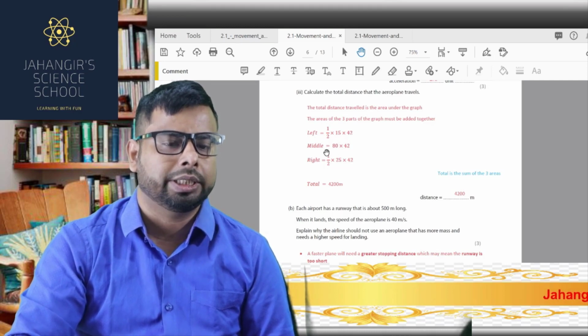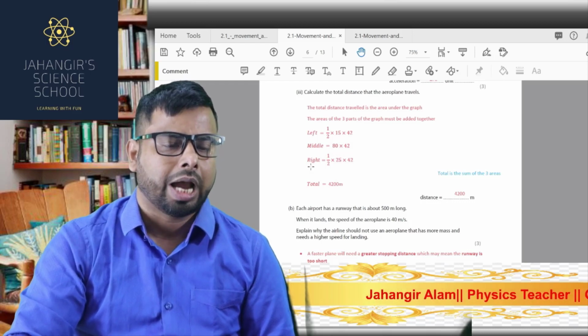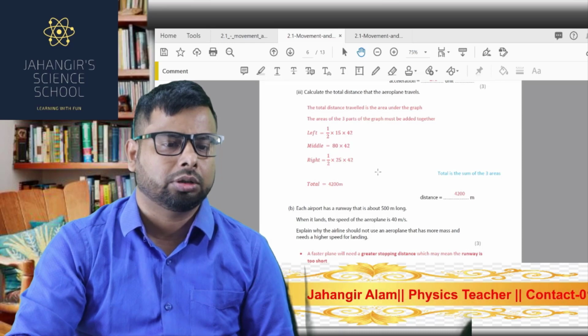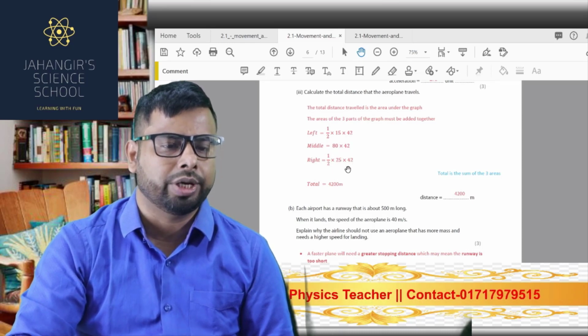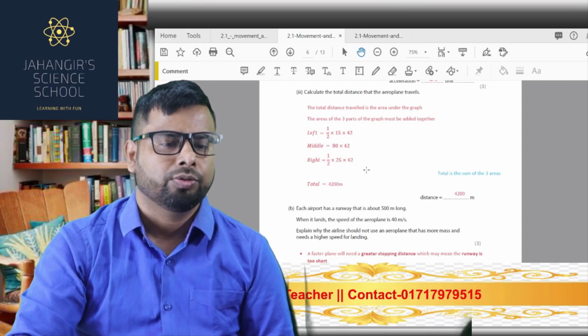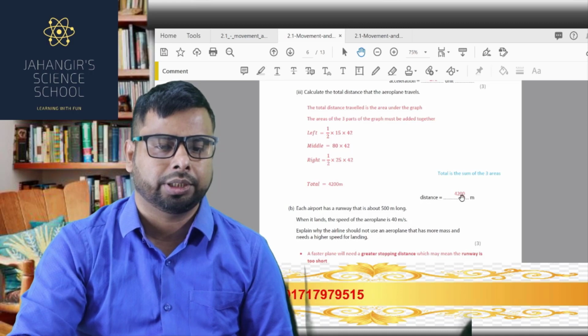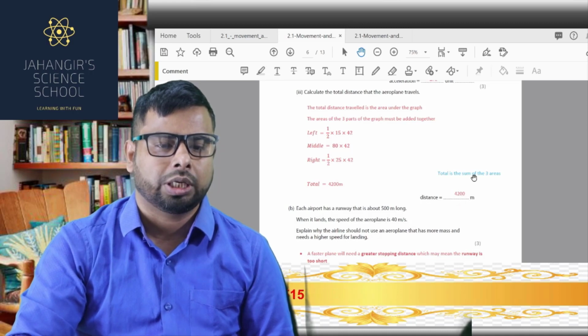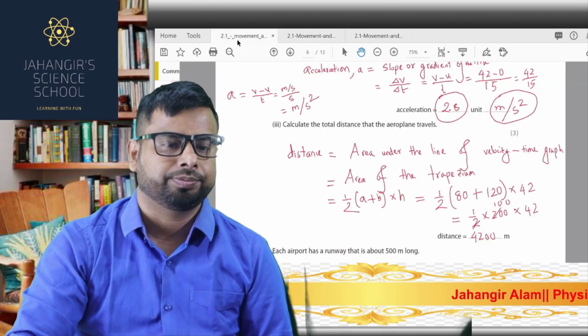Middle portion, it is a rectangle, so length into breadth, 80 into 42. And right side, it is a triangular shape, half into 25 into 42. So the total area is 4200 meter, the sum of three areas. Unit of distance is meter.